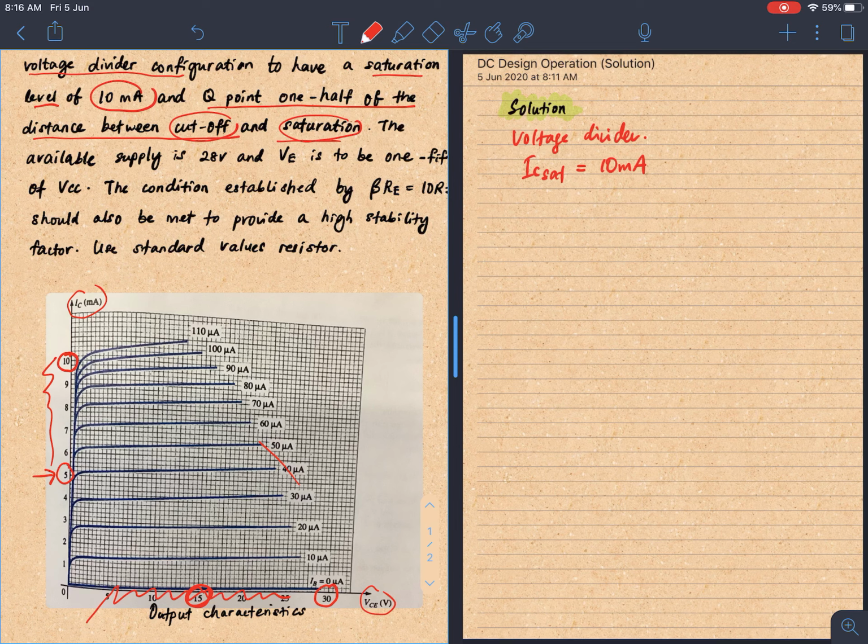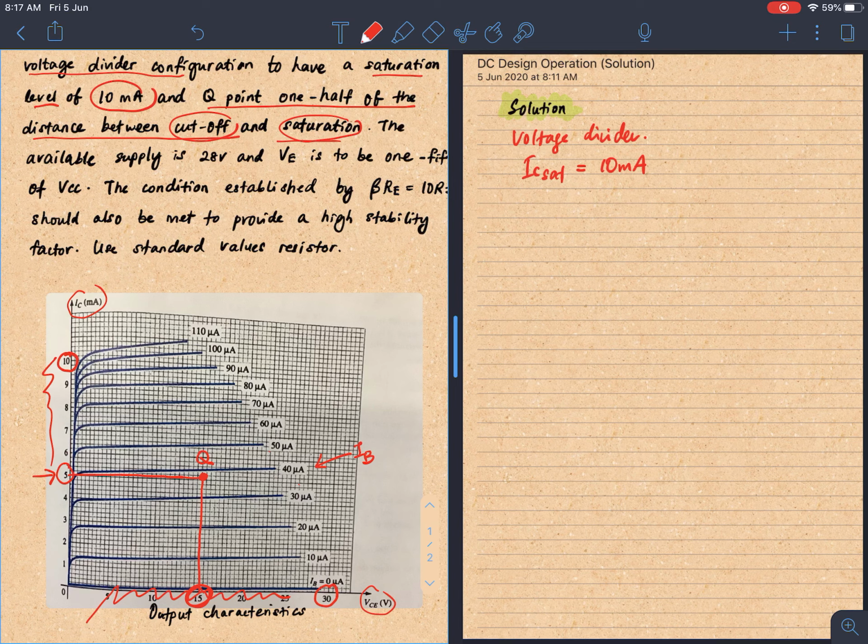So that means if you draw a line from 5, and then the 15 of the VCE here, you will get one point here. So your Q point will be here. Now, what is another information that you get from this Q point? We get the IB. Remember that this is IB.